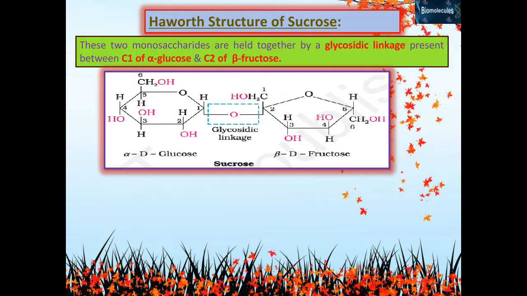So just look, in the previous fructose structure I have written the structure in such a way that carbon number 2 was here and carbon number 5 was here. Right? I had written it inverted. It can be written inverted like this. When written that way, the positions will be inverted. Okay, this carbon number 1 of glucose joins with carbon number 2 of fructose.